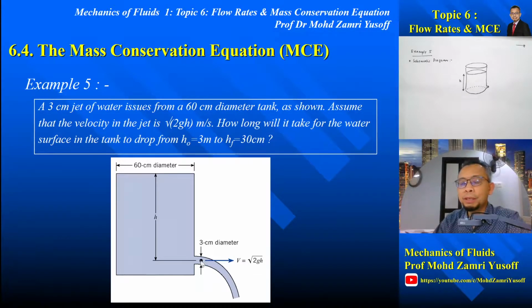So the velocity of this jet exiting from the hole at the bottom is root 2gh meter per second. We are asked to calculate how long it will take for the water surface in the tank to drop from h0 equal to 3 meter initially to hf equal to 30 centimeter.